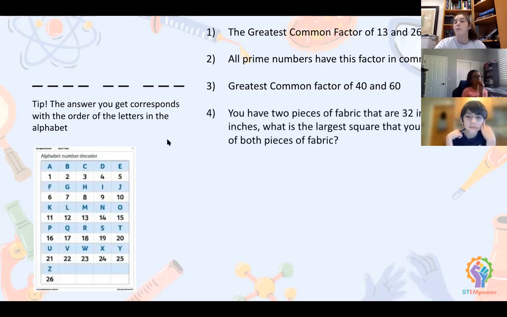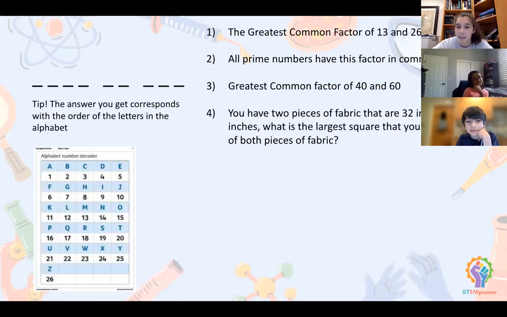If you have two pieces of fabric that are 32 inches and 24 inches, what is the largest square that you can make out of both pieces of fabric? The largest square. So is that greatest common or least common multiple or greatest common factor? Greatest common factor. Yeah. 16. 24 is divisible by 16.